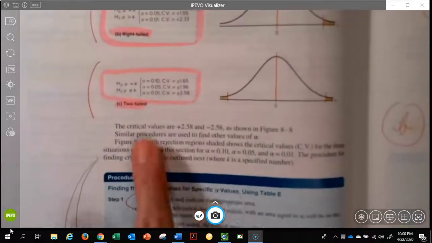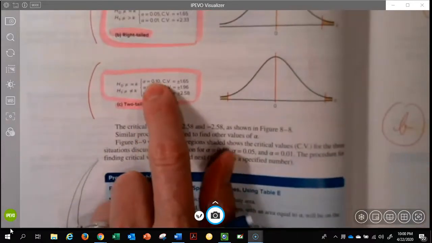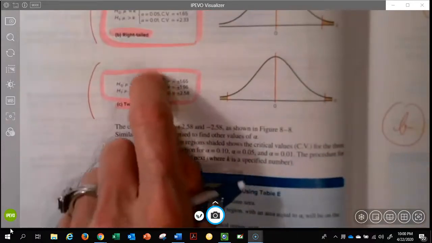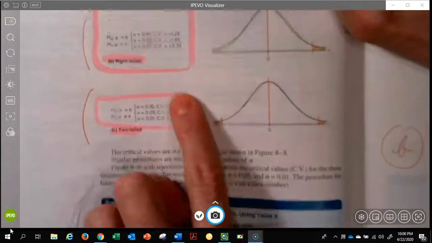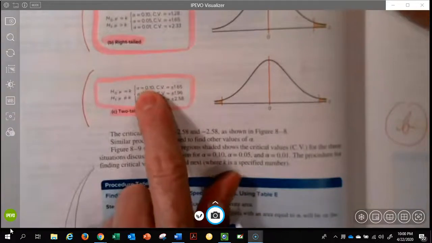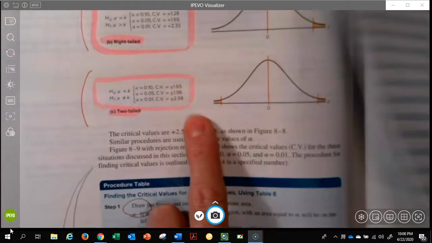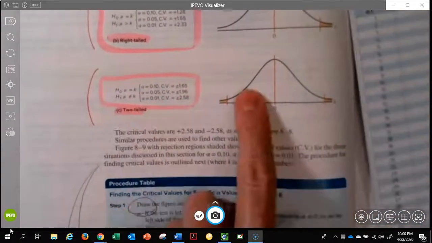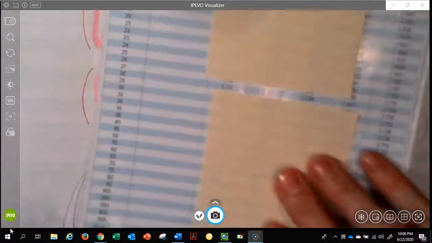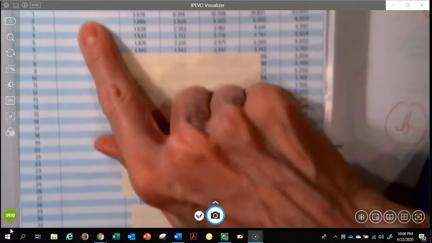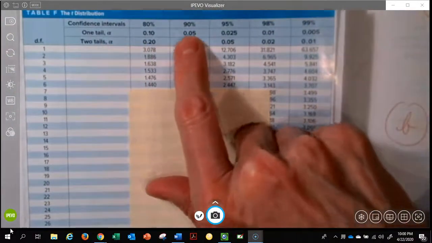I want to play with one of the two tails. A two tail, oh look, it's a 10% again. So I just use this same number I used up here, right? Wrong. Down here, I'm at 10%, but with it being two-tailed, it's split. So it's really 5 and 5. But the chart takes care of it here. If I remember I'm two-tail, I'm going to a 10, two-tail, it's a 90%.